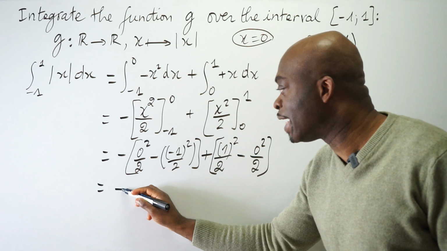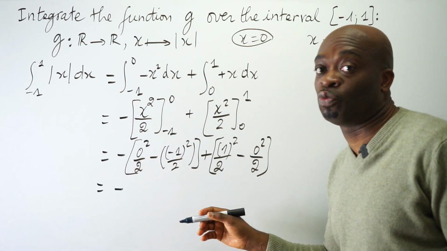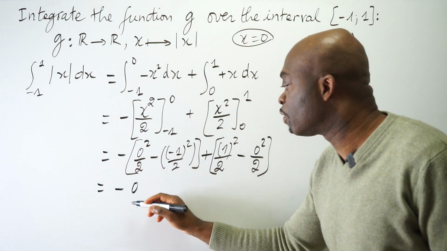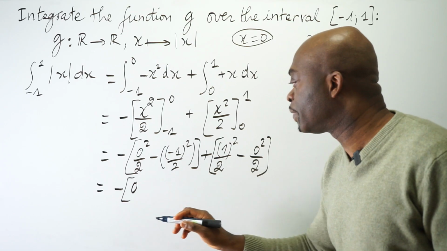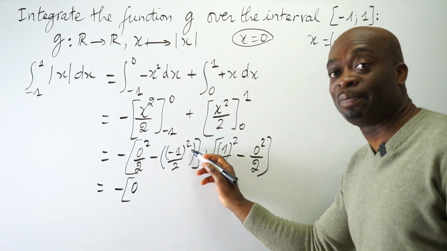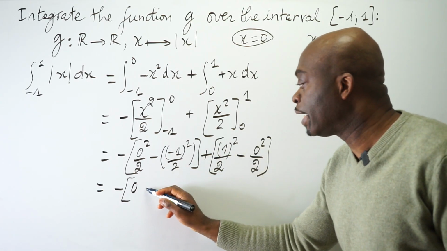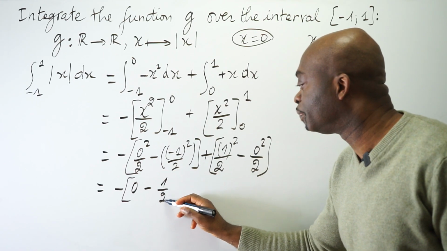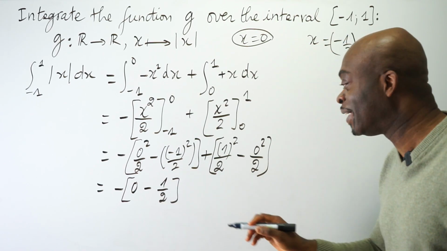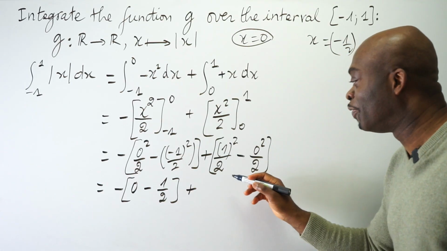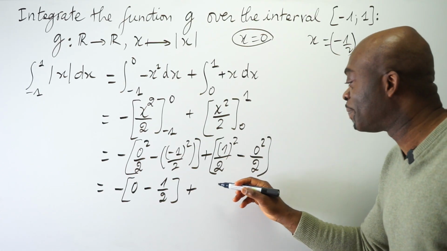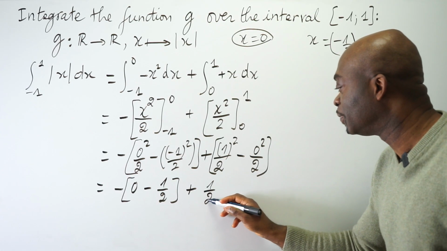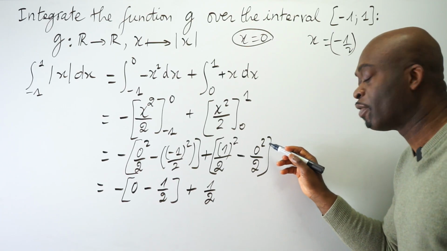So this one is negative. 0 squared divided by 2 is 0, so we keep the rest. Negative 1 squared is positive 1, but you keep the negative sign, so it's positive 1 over 2. Then plus: 1 squared is 1, so that's 1 over 2, and minus 0 squared is 0.